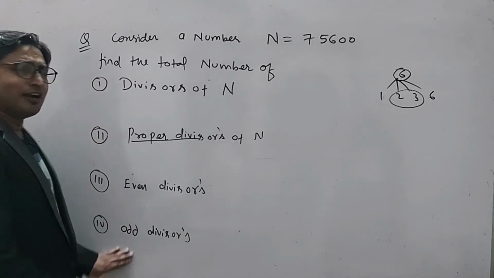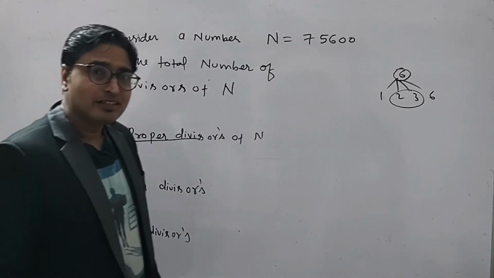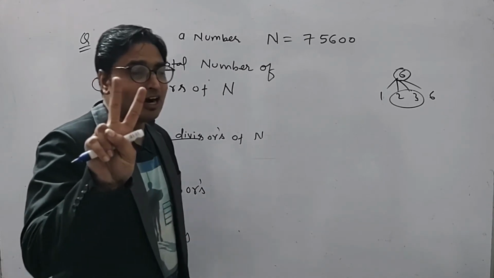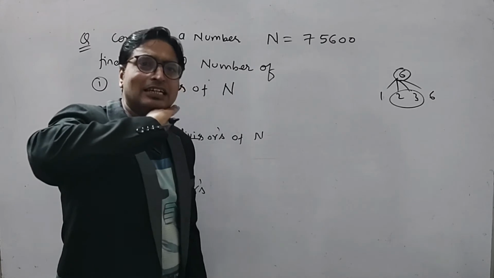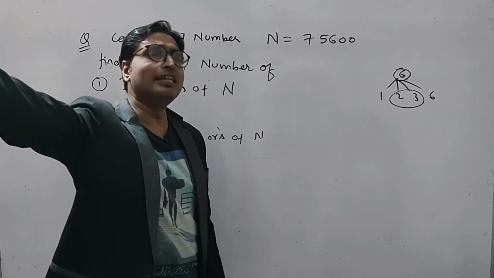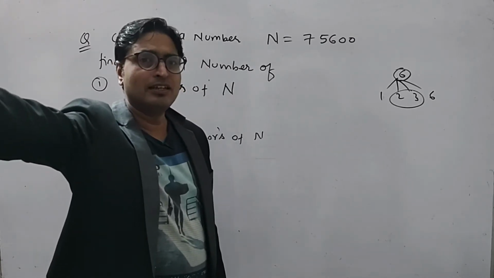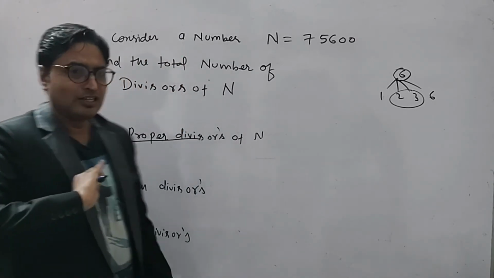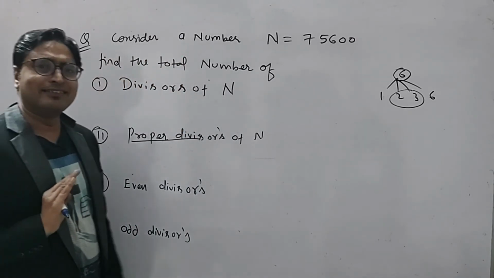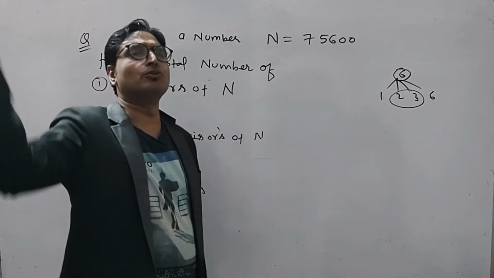And total number of odd divisors means all multiples of 2 will be rejected. You have to reject all the 2's, because if you consider a 2, then the number will be even. So if you have to find odd divisors, you have to remove all the 2's.